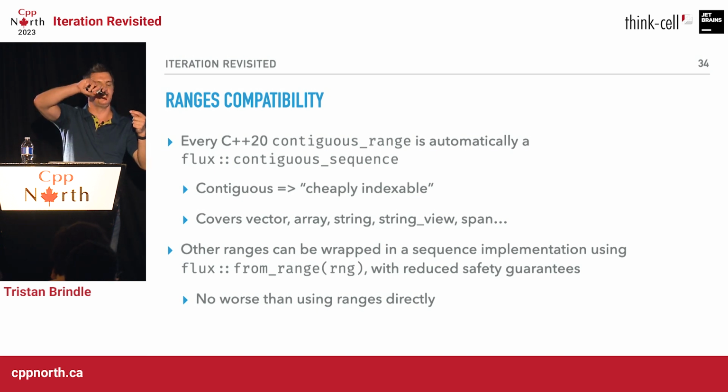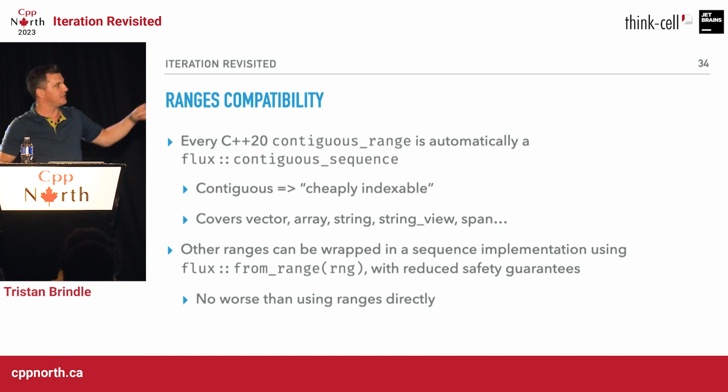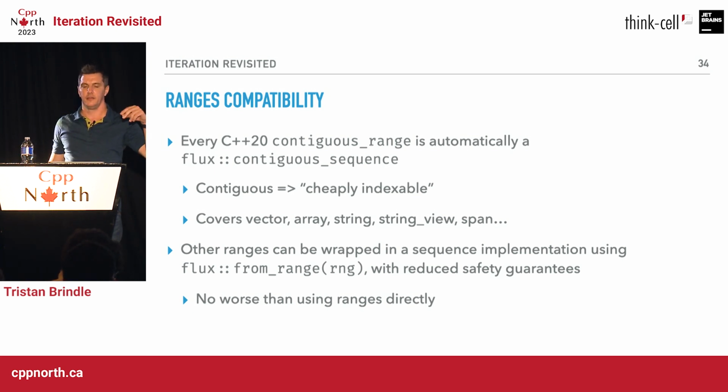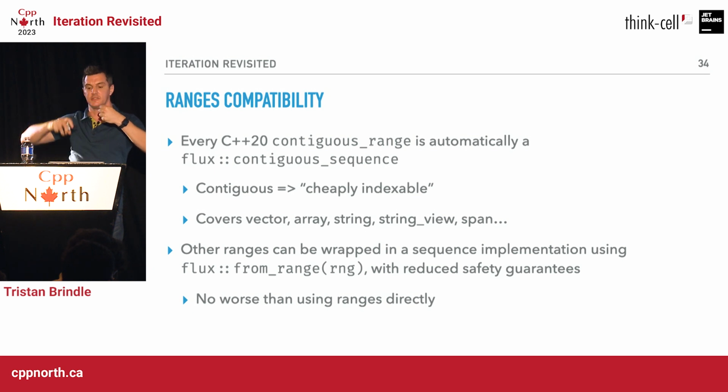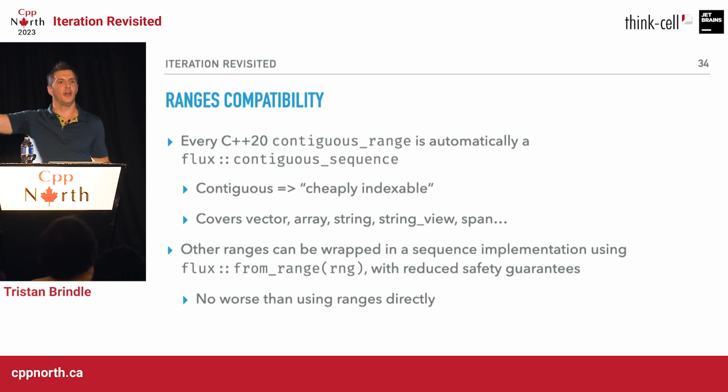So contiguous ranges, perfect, use them straight away. Other ranges, we have this fromRange wrapper function. So you can use all of your current range implementations, you can start using them with Flux algorithms and Flux sequence adapters to build up these pipelines. But what about going in the other direction?